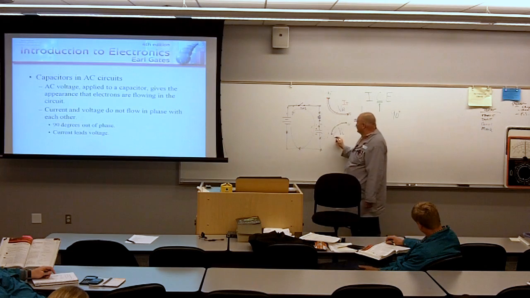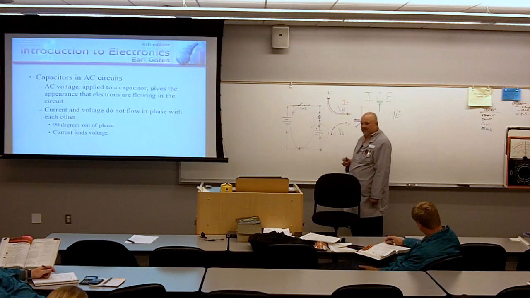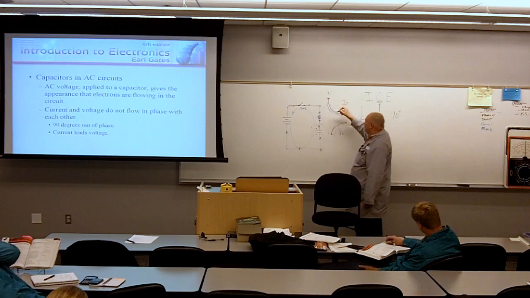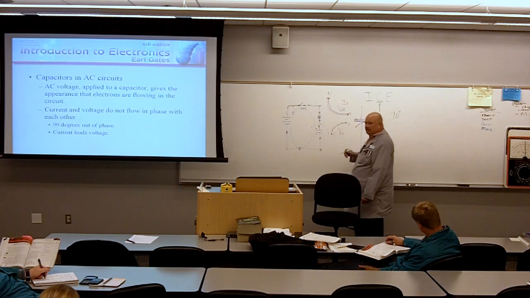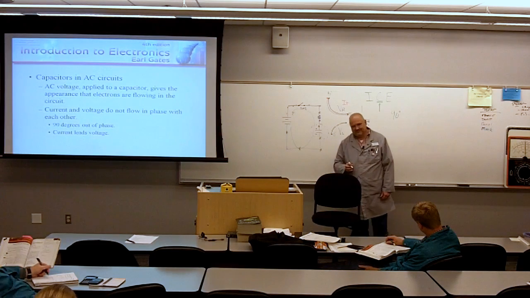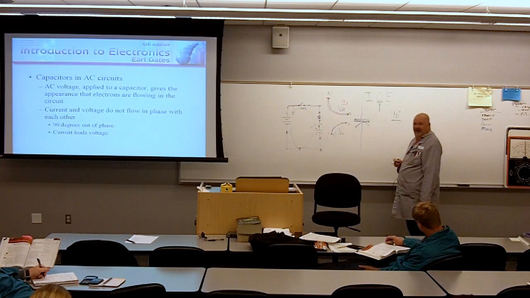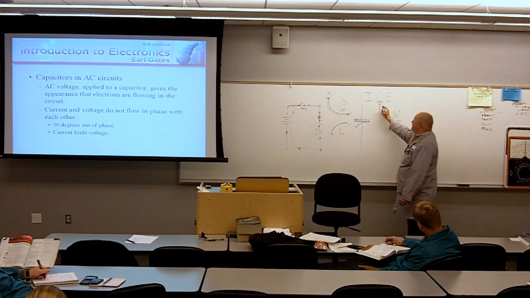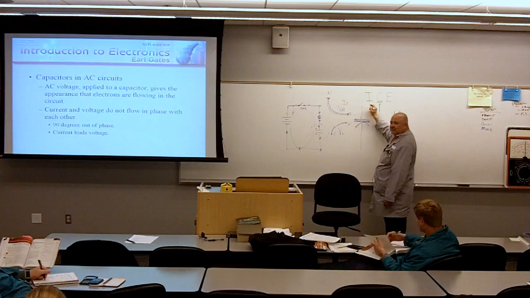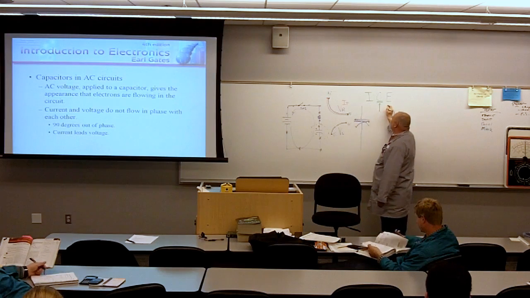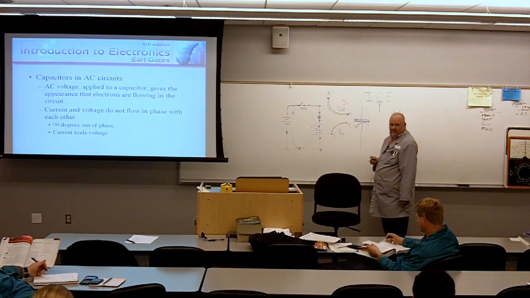So when the voltage of the capacitor is at 0 degrees, where is the voltage across the resistor? At 90. When the voltage across the resistor is at 180, where's the voltage of the capacitor? How many degrees of phase? 90. In a capacitive circuit, the behavior is current leads voltage. Does that make sense?